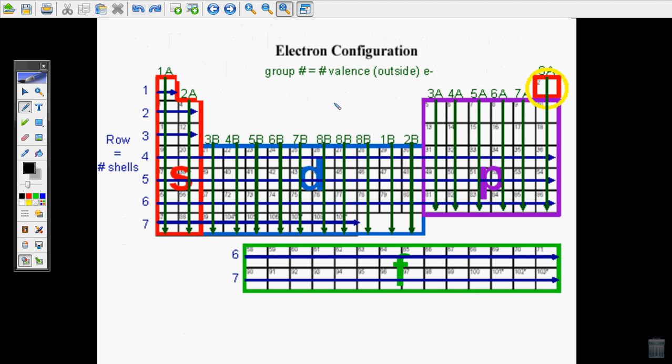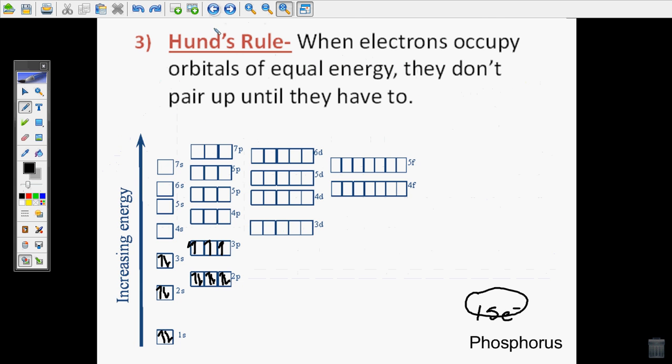Okay, so electron configuration. This is basically writing out what we wrote here. So the electron configuration for phosphorus would be, they start in the 1s, and there's 2 inside there. Then it moves to the 2s, and there's 2 inside there. 2p, and there's 6 electrons in there. 3s, there's 2 in there.